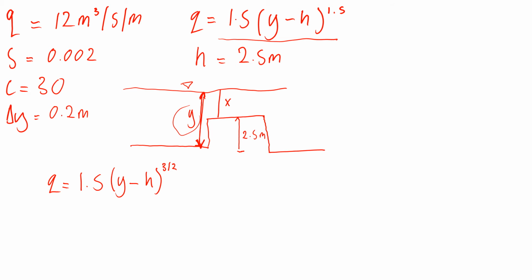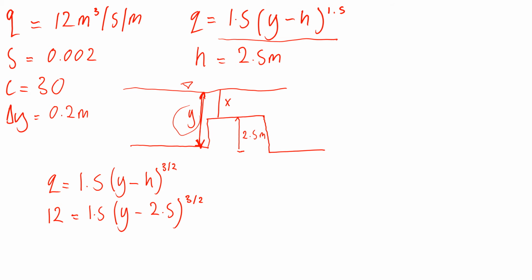If we put in the numbers, 12 equals 1.5, y is unknown, minus 2.5, to the 3 over 2. So the only parameter that is unknown is y, and you can rearrange this equation for y and calculate what y is.